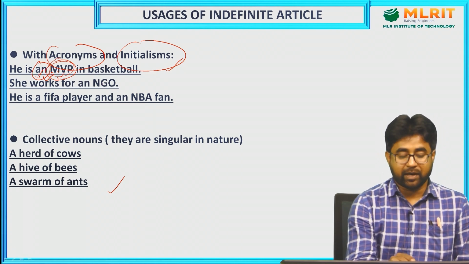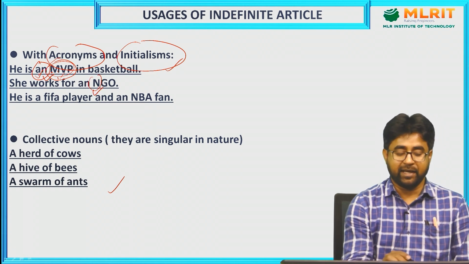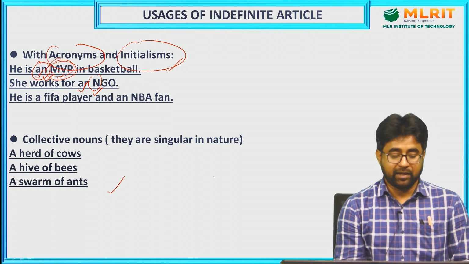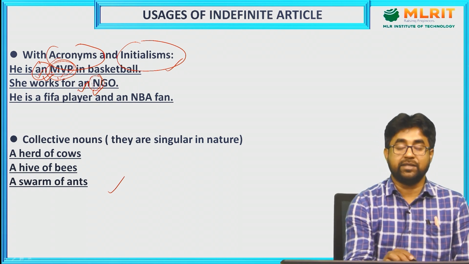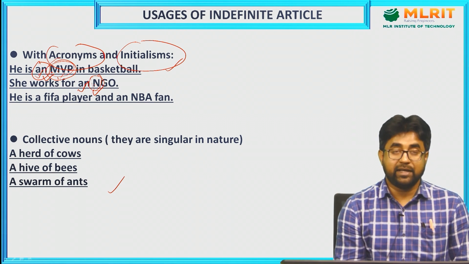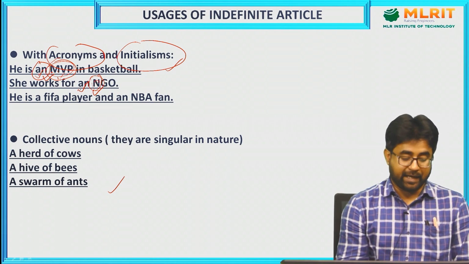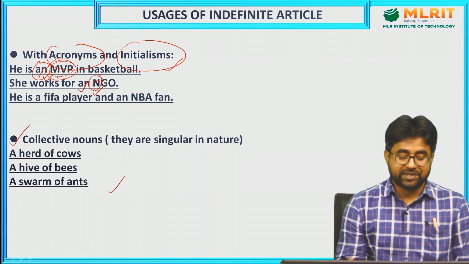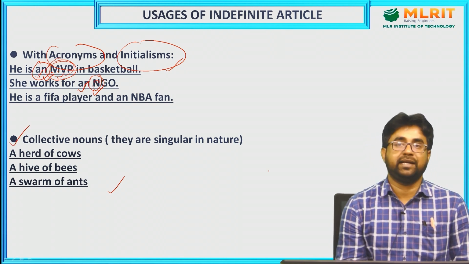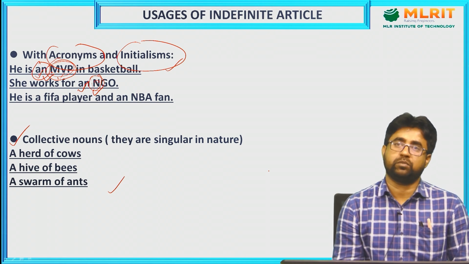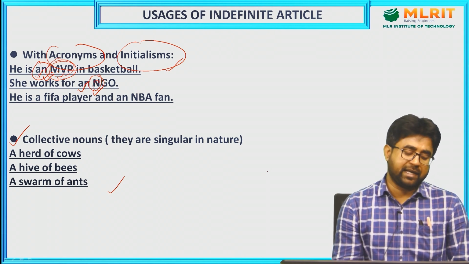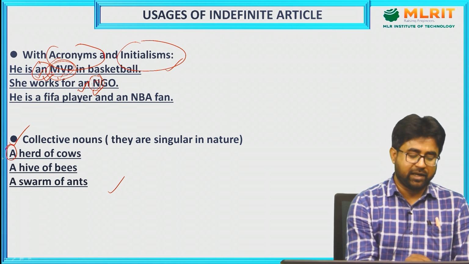She works for an NGO. You can see here again, I am using the indefinite article, and I am using an because NGO, though it starts with a consonant letter, actually has a vowel sound. That's why an. Okay, now let's come to the last usage: collective nouns. They are singular in nature. That's why a collective noun is always singular, and you are supposed to use the indefinite article a or an. You can see here, a herd of cows.